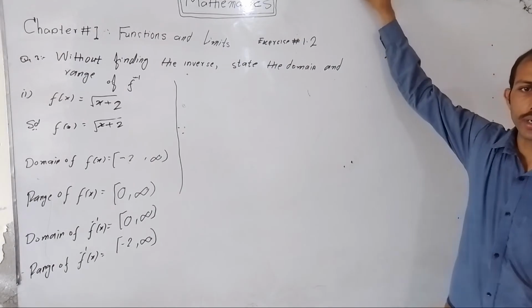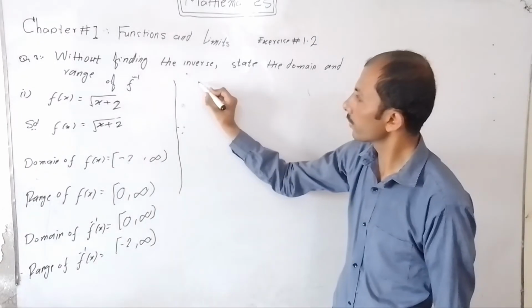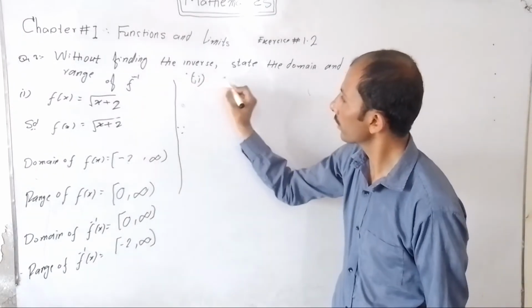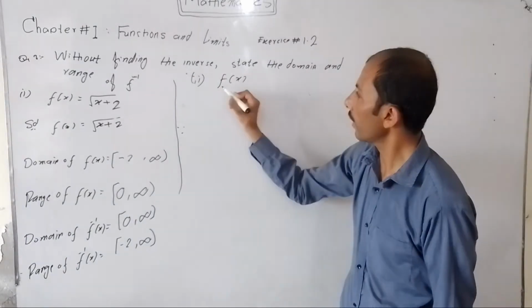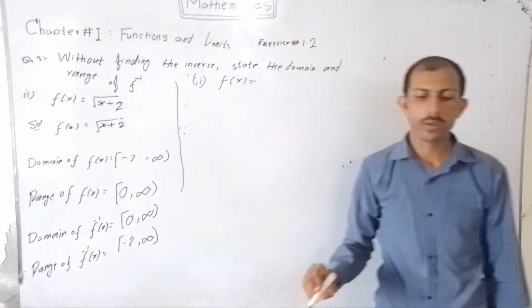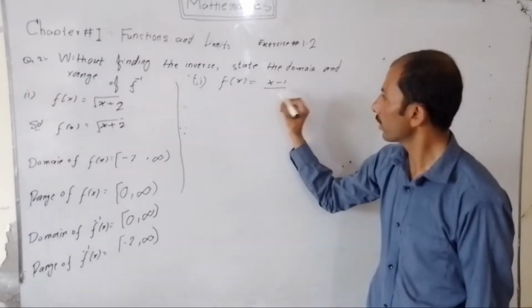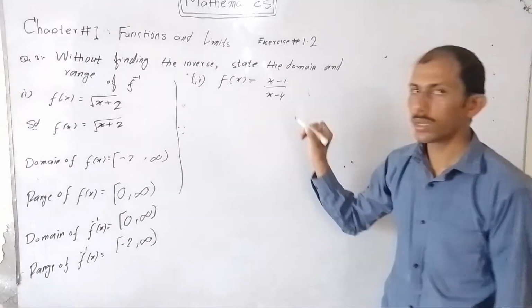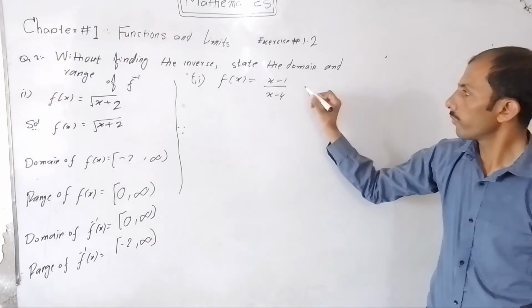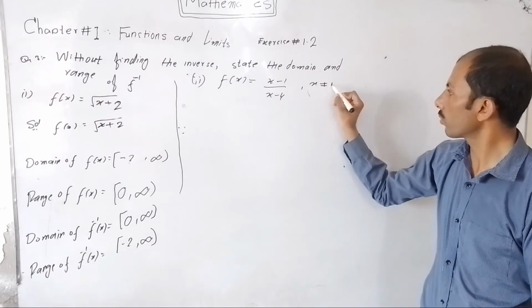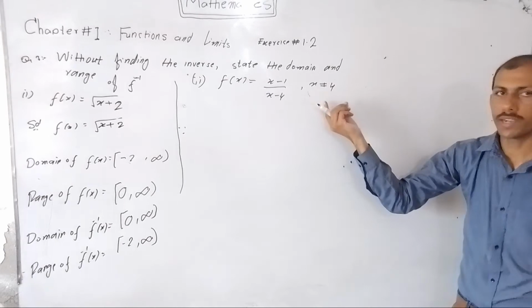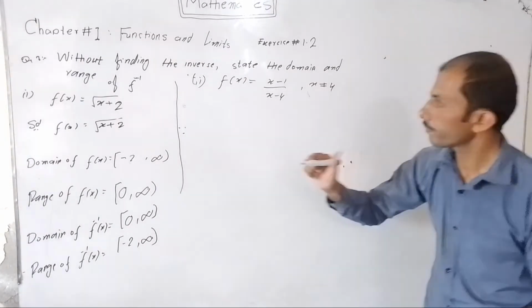Next, question 3, part number 2. f of x is equal to x minus 1 divided by x minus 4, where x not equal to 4. Domain x not equal to 4.